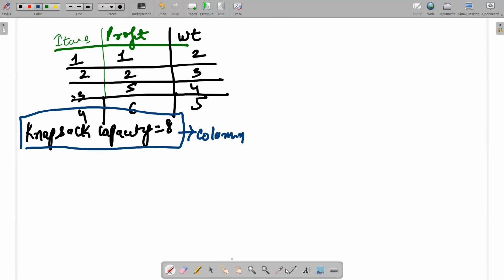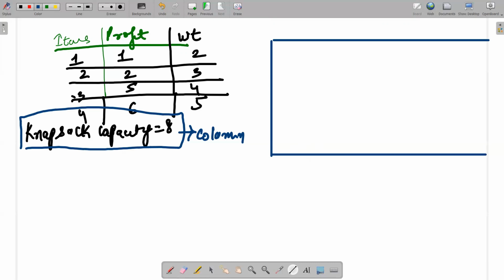I'll be creating a table for this, and we put the values in it. Importantly, since we are talking about dynamic programming, we will add a zeroth item. It does not have any weight, but it will help in calculation, and the zeroth item has zero profit, obviously. So that's what we start with.